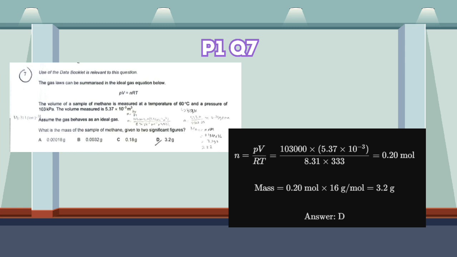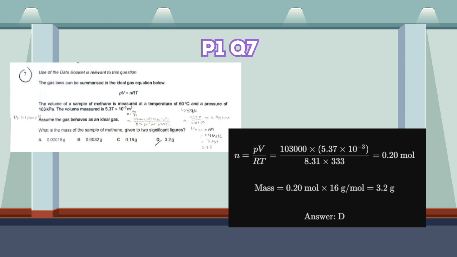Plugging in our numbers: 103,000 times 5.37 cubic meters divided by the gas constant 8.31 and the temperature of 330 Kelvin, that gives us exactly 0.20 moles.